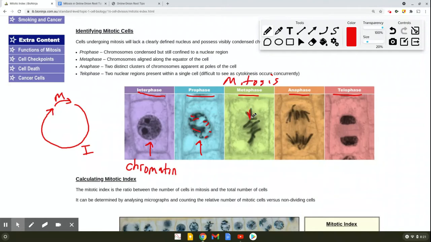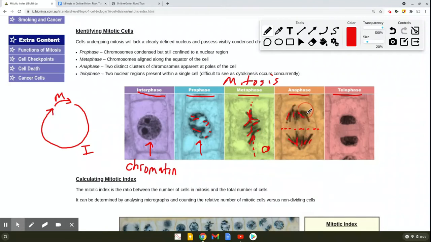Here in metaphase, this is when the chromosomes are lining up down the middle of the thing so they can be separated. And actually, so this would be the middle and this here. So if you like did a 90-degree turn on this picture, you would get this. And then they're being separated.